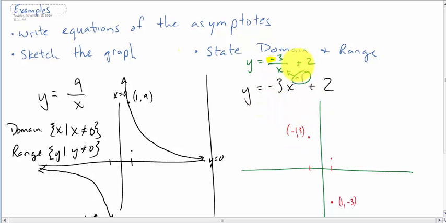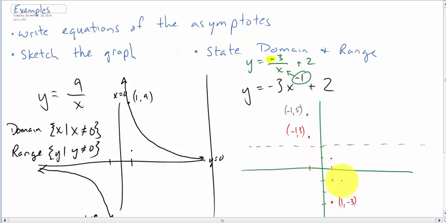And if there wasn't a plus 2, I could draw my curve right now, but there's this plus 2, so these points have to move up 2 units. So now I'm at 1, 5, negative 1, 5. My asymptote that was the x-axis is now up 2 units. And this point 1, negative 3 goes up 2.